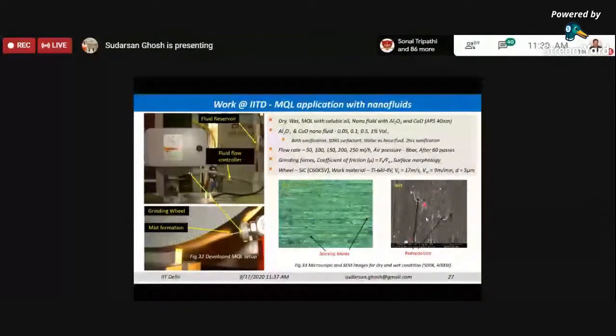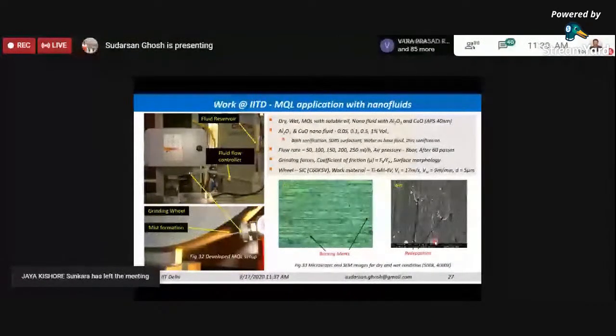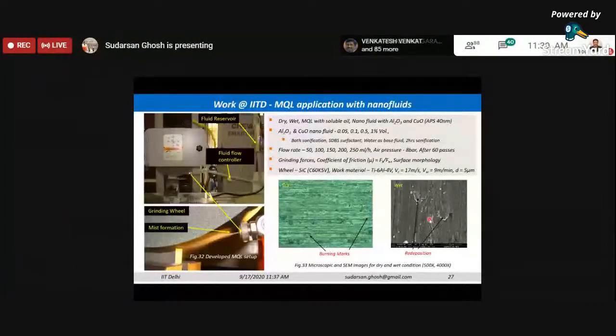which is called redeposition. That means the chips of the work material have been transferred onto the wheel surface, and then again from the wheel surface transferred onto the finished surface of the work material. This redeposition is also not very desirable, because it will spoil the surface finish.